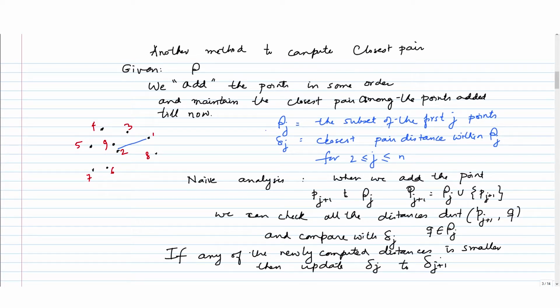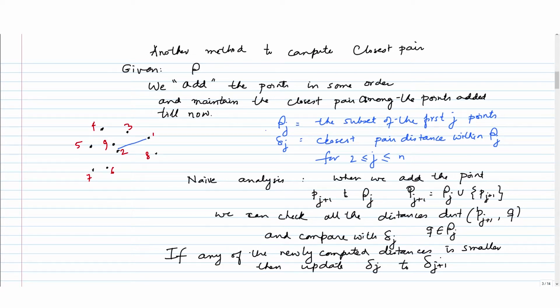Now, if you do this, what is the kind of time complexity? Is it clear that this very simple algorithm will work? So, time complexity will be what? In the jth step, what are we doing? We are computing j minus 1 distances, or for the j plus first point, j distances.